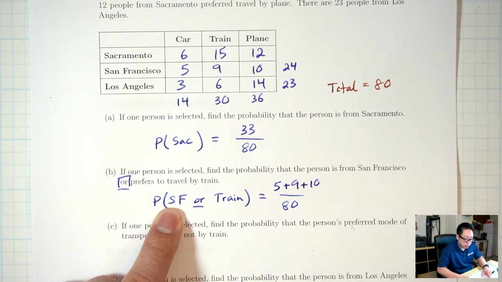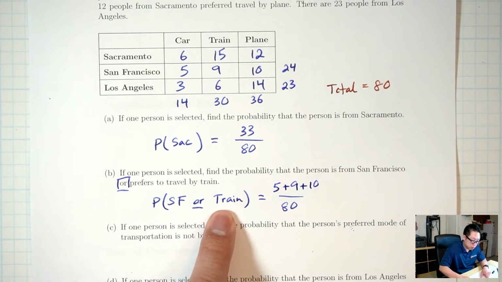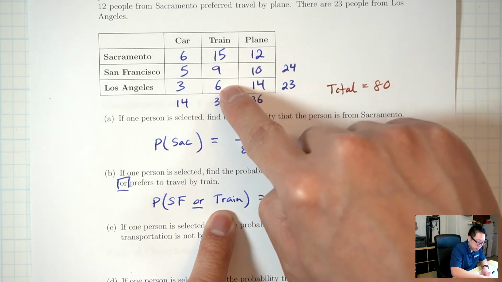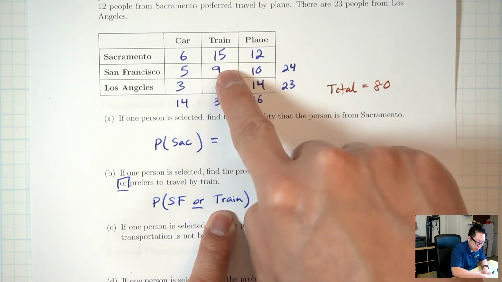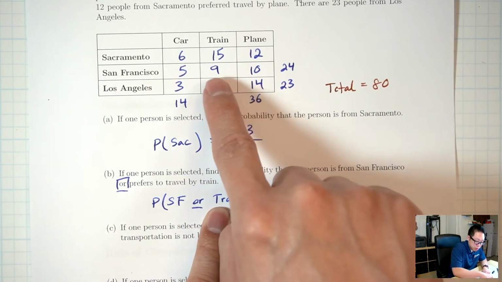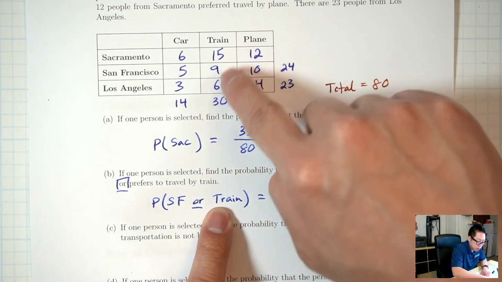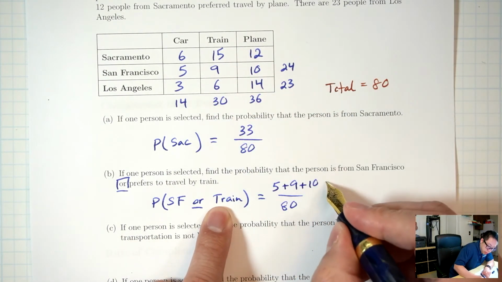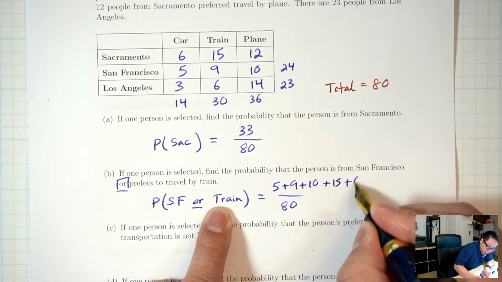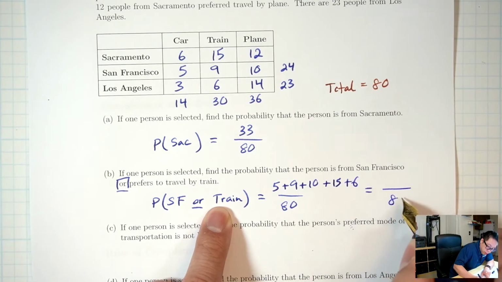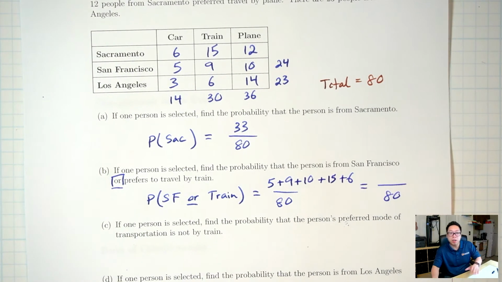And then in addition, I'm going to combine them with the train numbers, which is 15, 9, and 6. But remember, I counted the 9 already when I counted the San Francisco numbers. So I just need to add on the 15 and the 6. Okay, so on top it's 5 plus 9 plus 10 plus 15 plus 6 is 45.